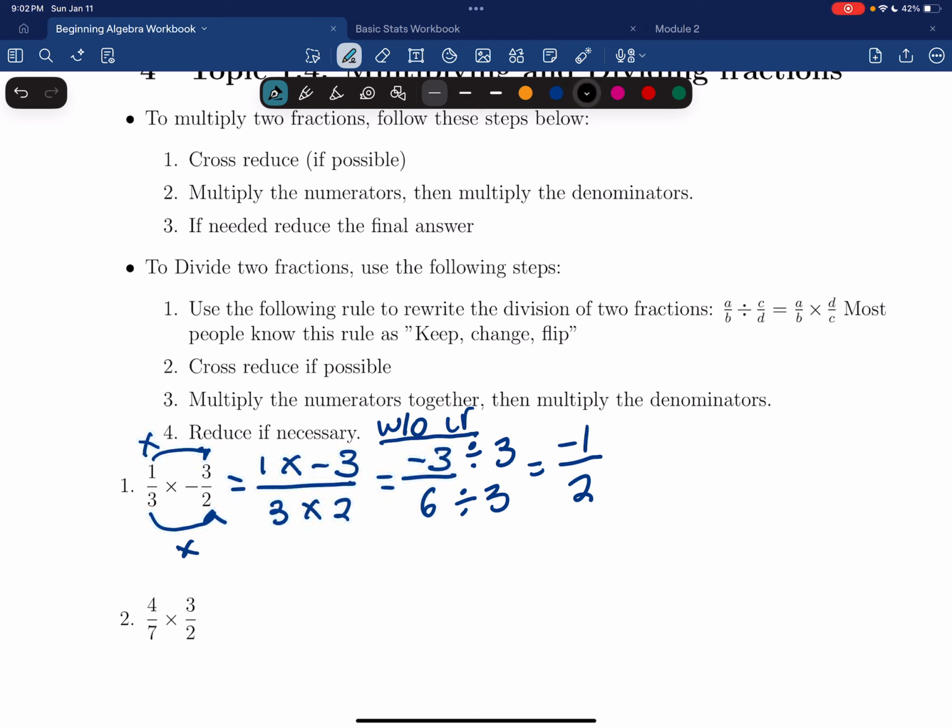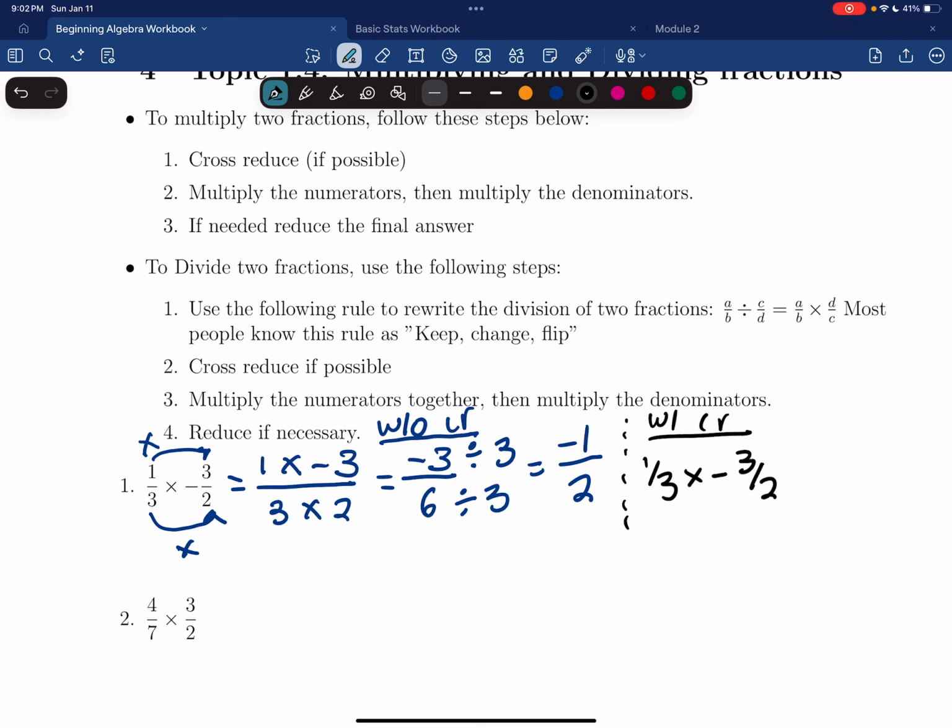Now, I'm going to show example number 1 with cross-reducing. So, I'm going to do that here with cross-reducing. Okay, so we have 1/3 times negative 3/2.